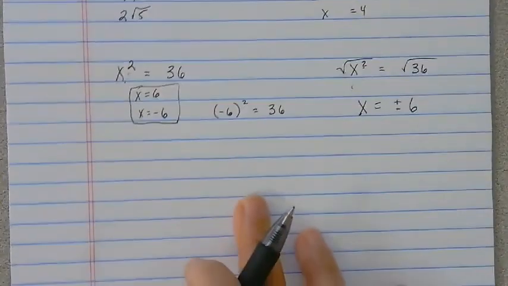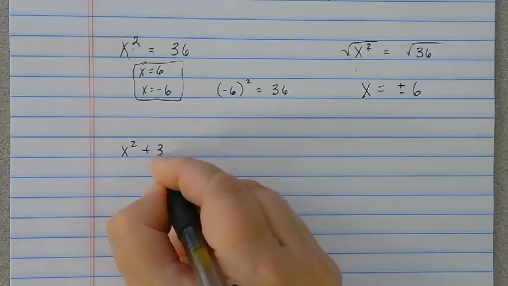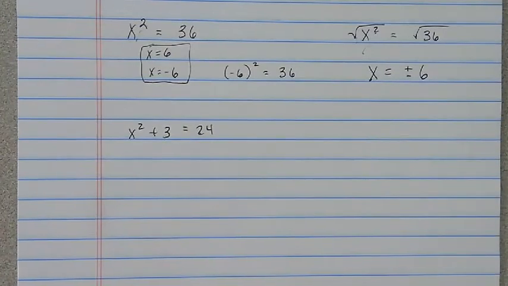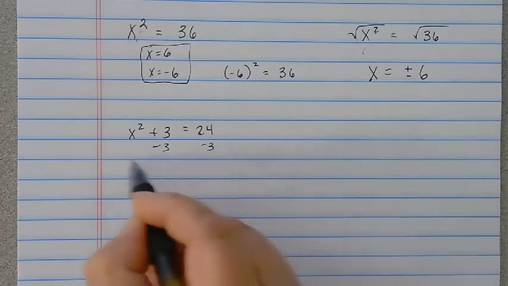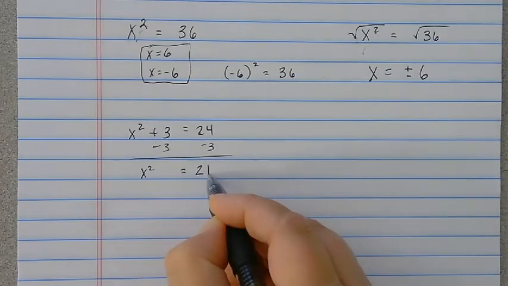Let's do another problem. x squared plus 3 equals 24. So I want to know what number could I put in for x that would make this a true statement. I'm going to basically undo the equation. I'm going to start by getting rid of the 3. So I get x squared equals 21.